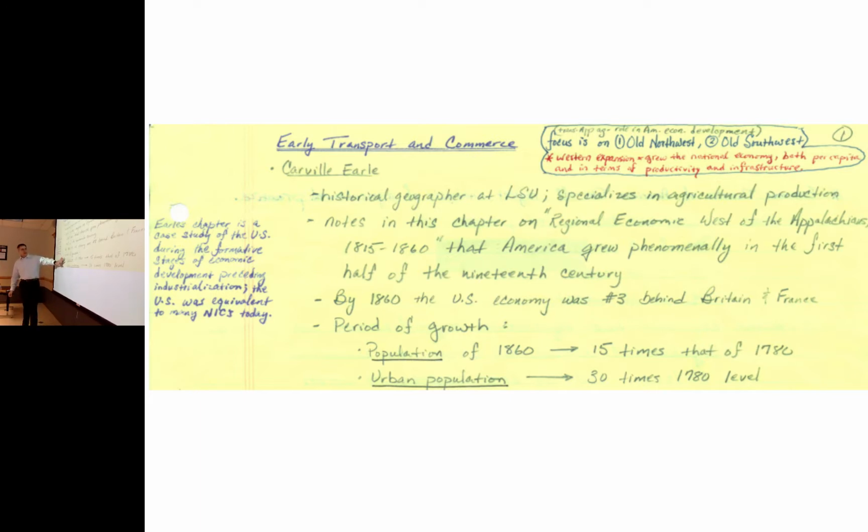But for the most part, we're looking at a developing country. And the development process is what we're looking at. But we want to know why it's developing, how it's developing, okay? So this is kind of a case study of the United States during its formative stages of economic development before industrialization.